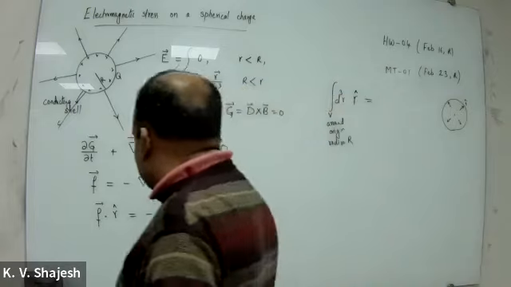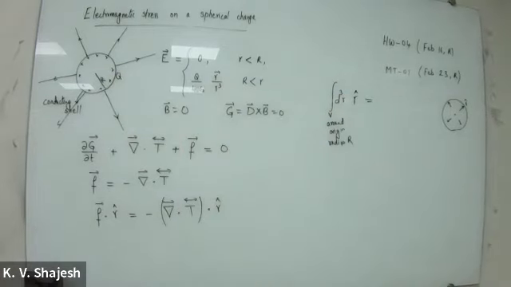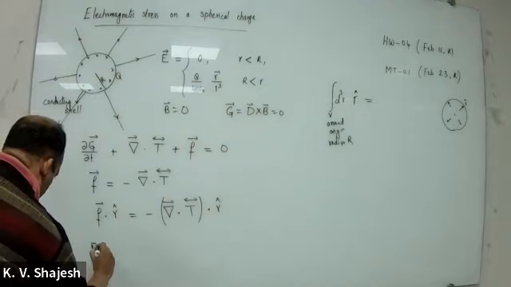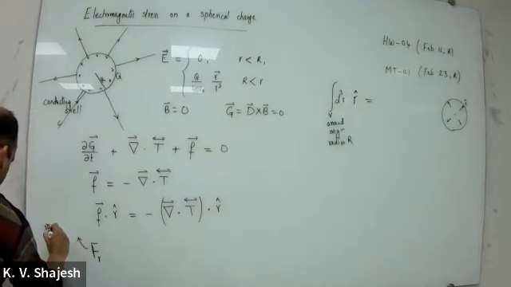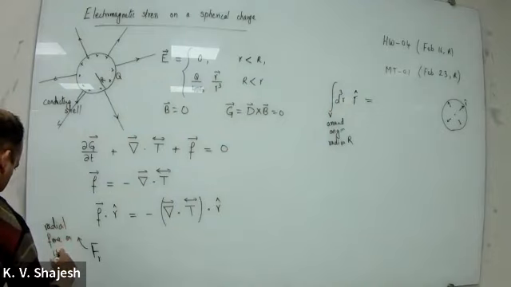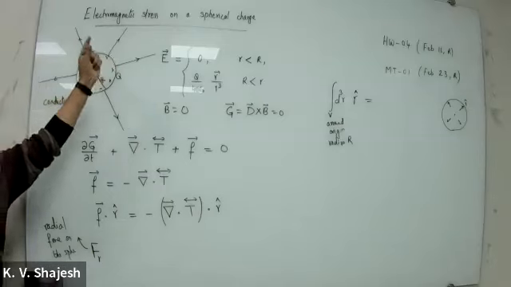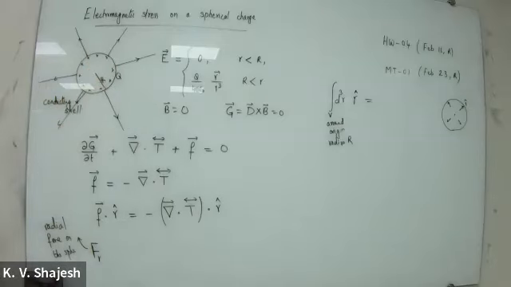Now, the total force, the radial force if you want, on the sphere will be defined as, so this is a scalar quantity, a radial force on the sphere. You take it at every point, calculate that force, and add it up.